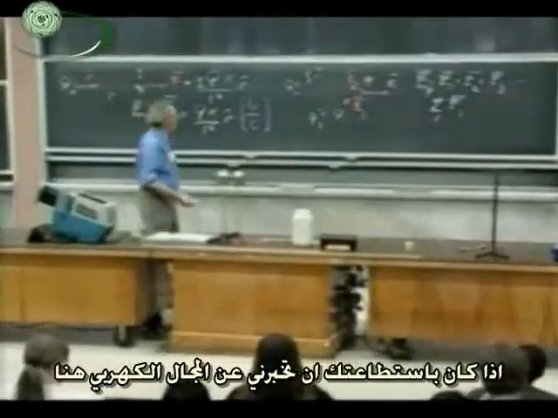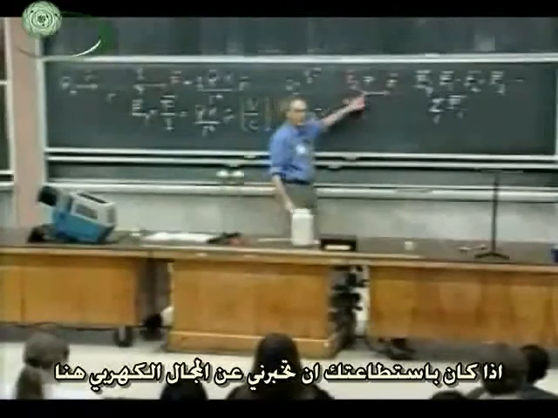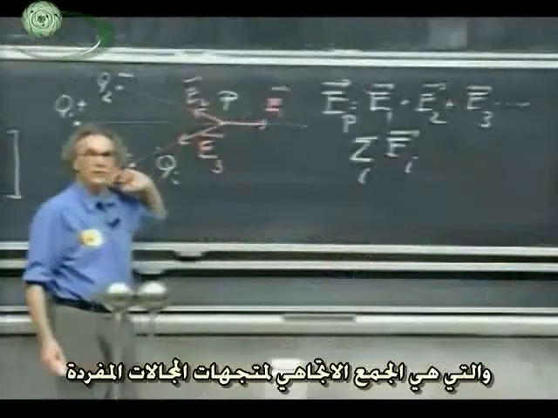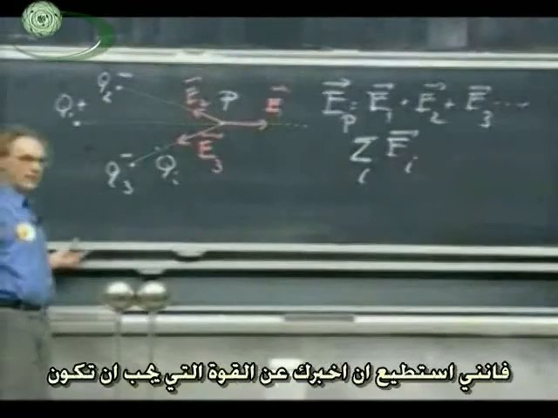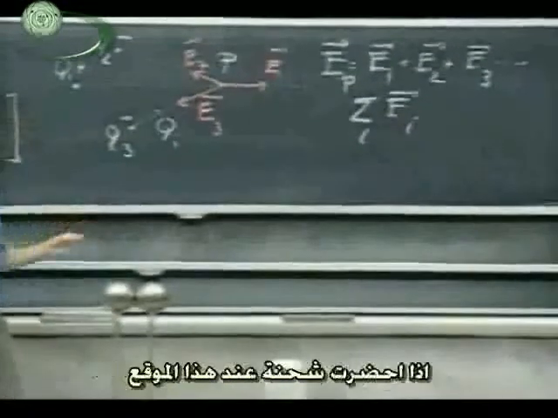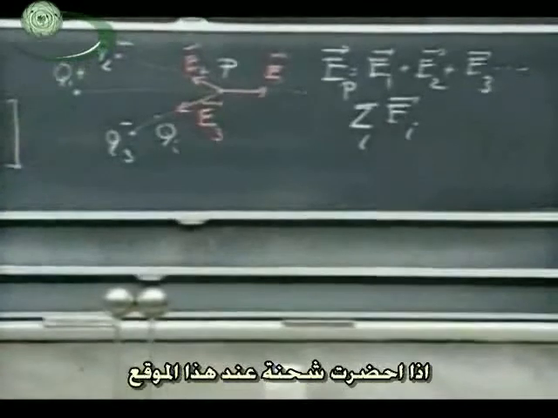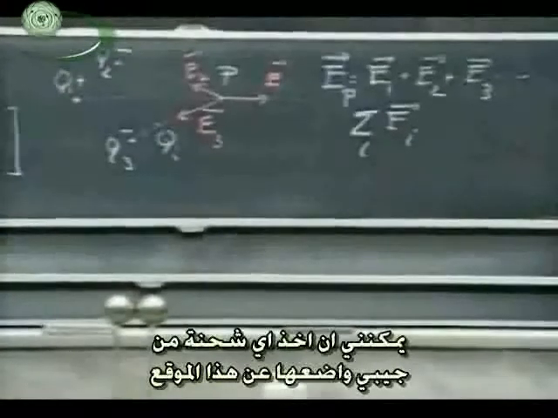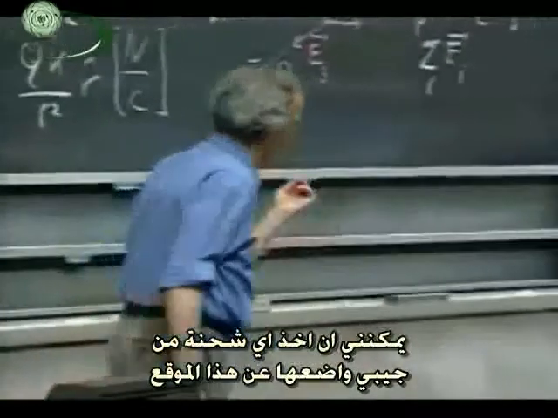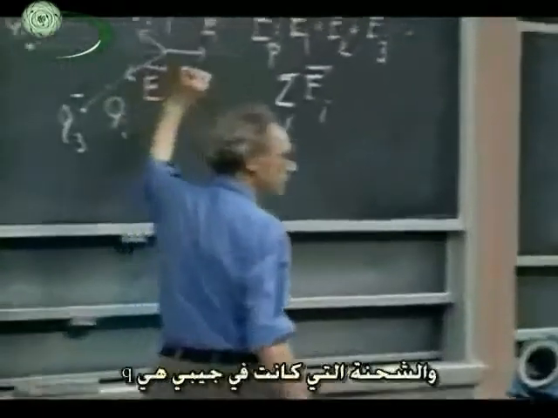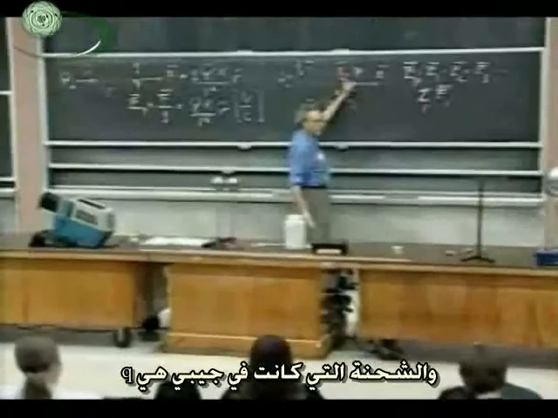If you tell me what the electric field at this point is, which is the vectorial sum of the individual E field vectors, then I can always tell you what the force will be if I bring a charge to that location. I take any charge that I always carry in my pocket, I take it out of my pocket, and I put it at that location. And that charge that I have in my pocket is little q.